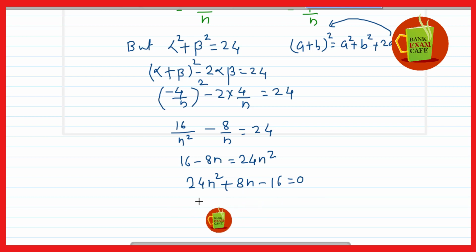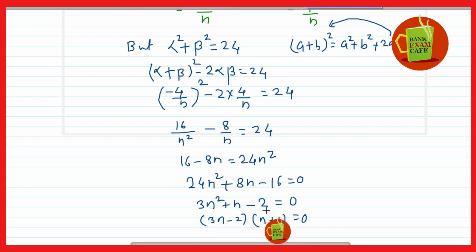It will be 3n square plus n minus 2 equal to 0. So we want the product as minus 6 and the sum as 1. Then we get the factors as 3n minus 2 and n plus 1, which is equal to 0.